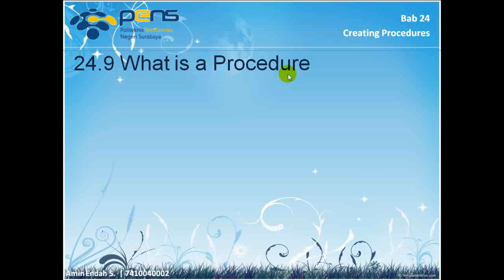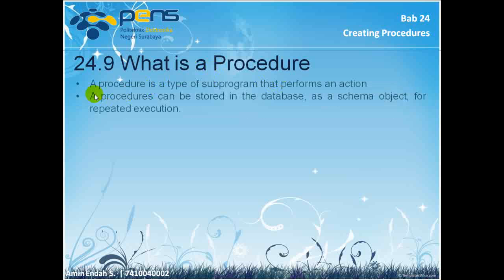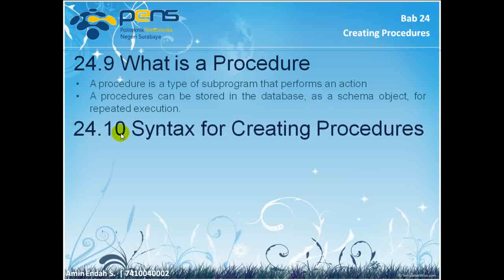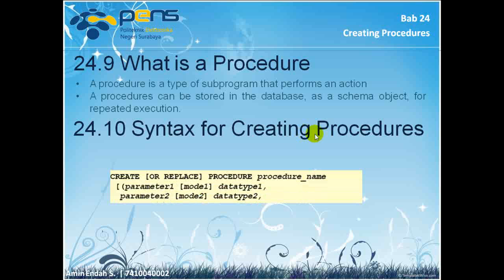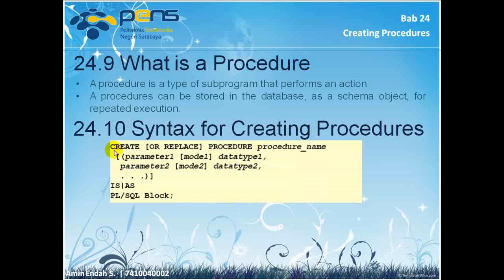What is a procedure? A procedure is a type of subprogram that performs an action. A procedure can be stored in the database as a schema object for repeated execution. The syntax for creating a procedure is like this: CREATE OR REPLACE PROCEDURE procedure_name, parameter1 mode datatype, parameter2 mode datatype, IS or AS PL/SQL block.